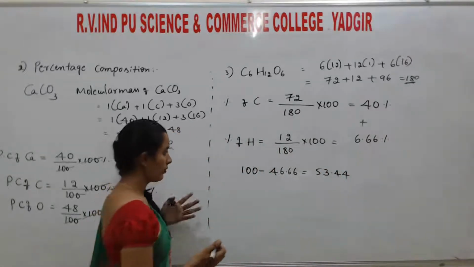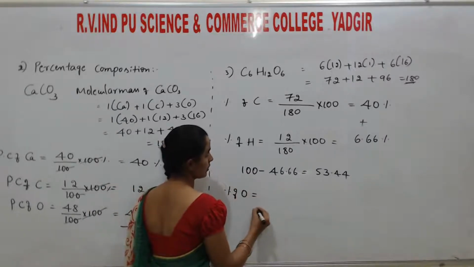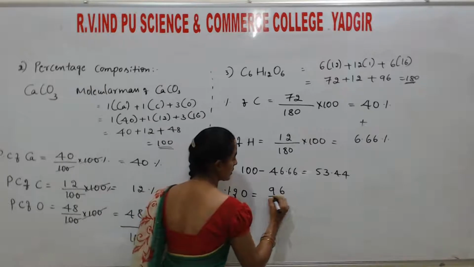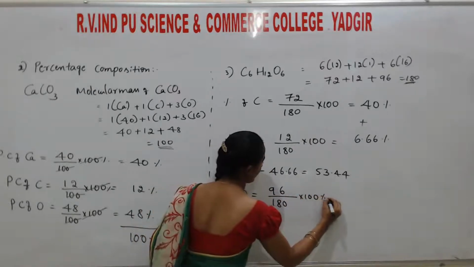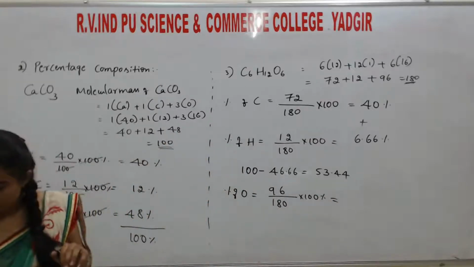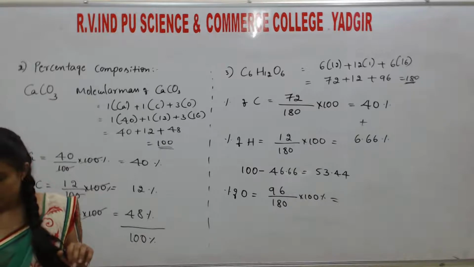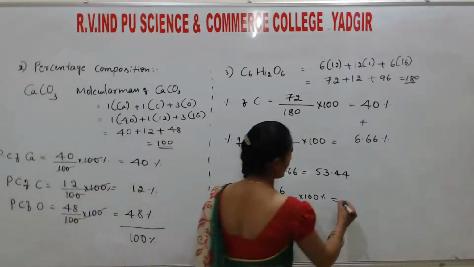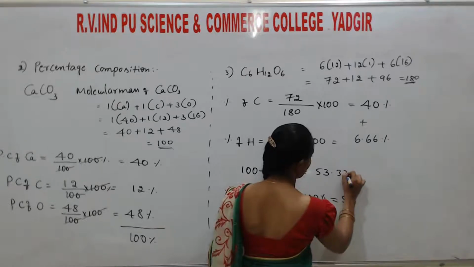And if you want to calculate directly, students, the percentage of oxygen is equal to 96 divided by 180 into 100%. If you divide 96 by 180, you will get 53.333.